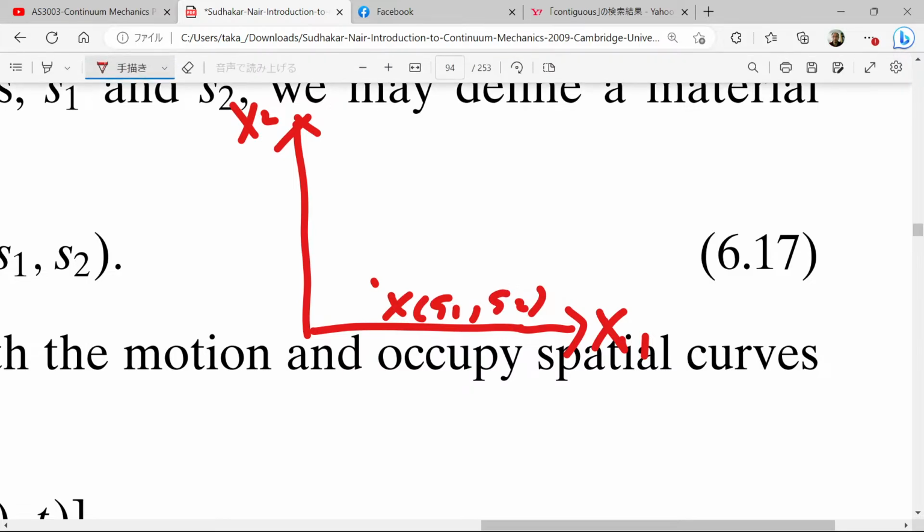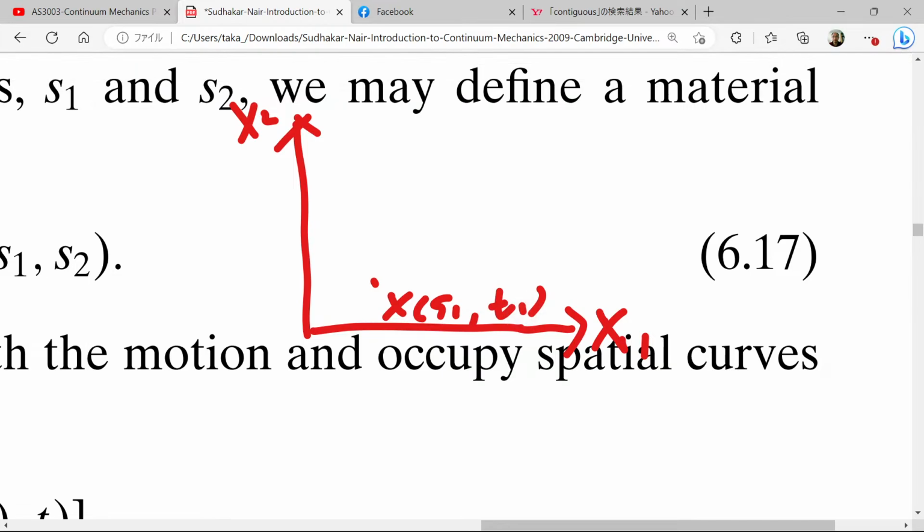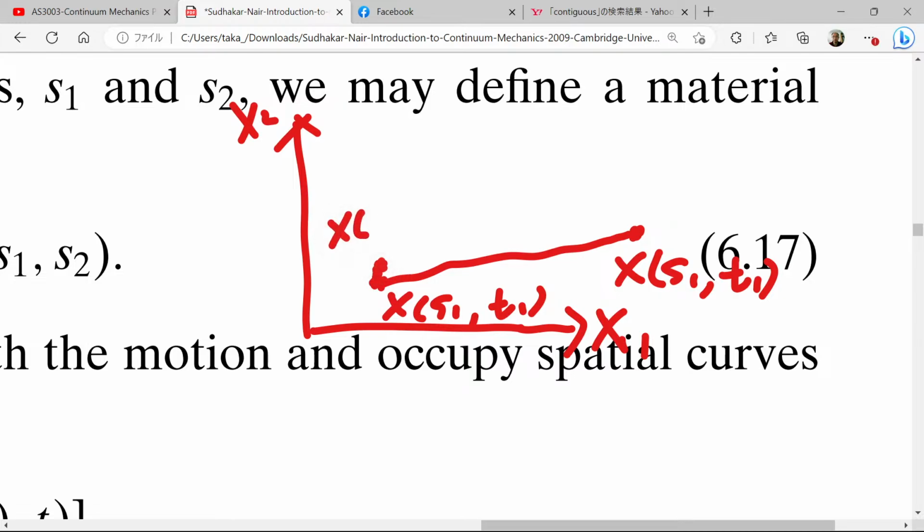Let me do this with t. You just move to another point: this may be x s1 t1. Then you move a little bit and this new point is x s2 t1.